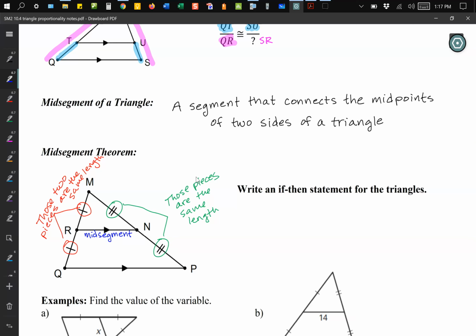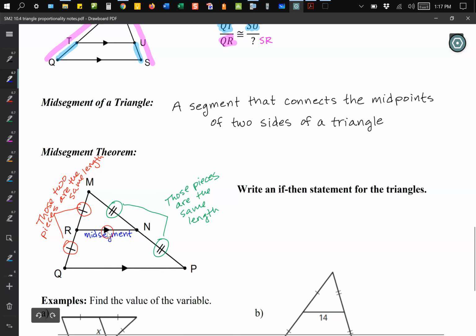Now we have a theorem about midsegments, and it tells us two things. The first thing it tells us is that if you know a segment is a midsegment, the midsegment is always going to be parallel to the other side of the triangle.